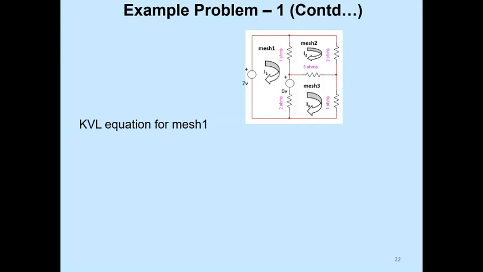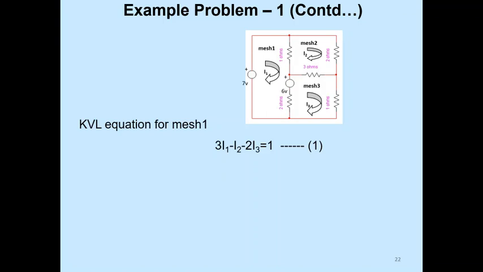So through 1 ohm the current is I1 minus I2, and through 2 ohms the current is I1 minus I3. So we can write the first equation: 3I1 minus I2 minus 2I3 is equal to 1.